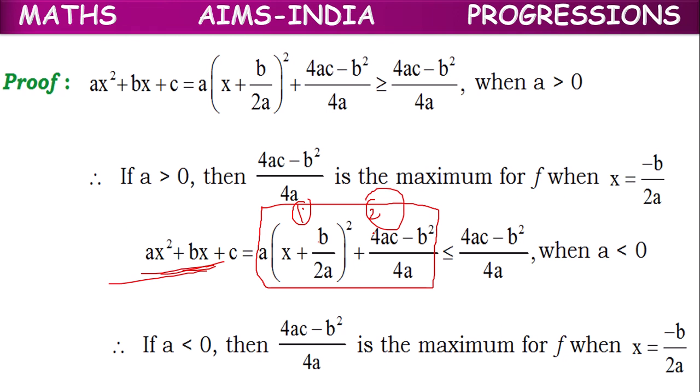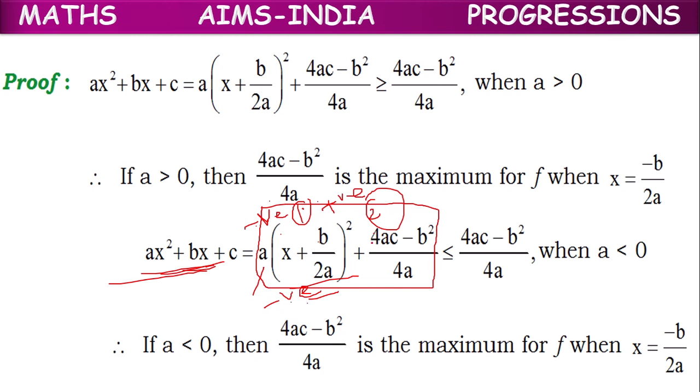In these parts 1 and 2, if a is less than 0, this square value is always positive, but a is negative, so a negative value into a positive gives a negative value.